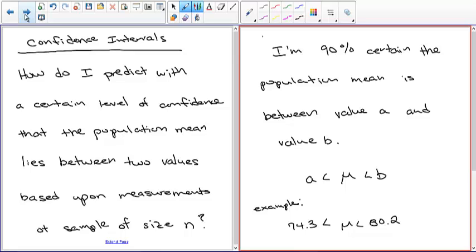So I might say, based on testing of n samples, I estimate with 90% certainty that the population mean, not the sample mean, but the population mean, is between 74.3 and 80.2. Typically, the sample mean is halfway between these two values.